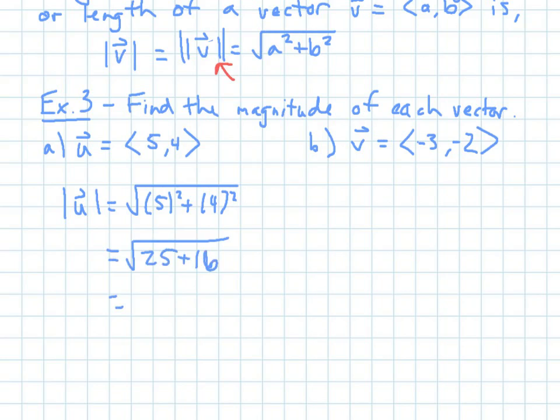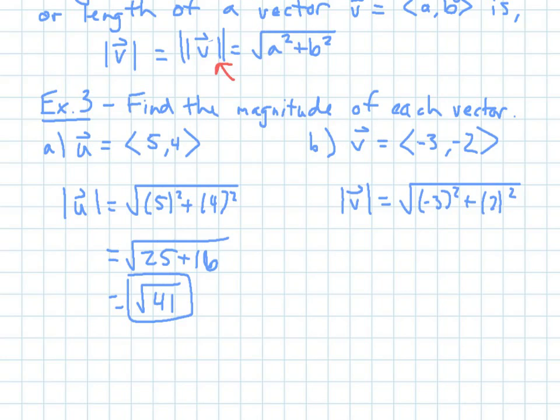And then 25 plus 16 is 41. And so then that would be my magnitude, the square root of 41. Also for the other one, if I took -3 squared plus 2 squared, then that would give me 9 plus 4, and that would give me a square root of 13. Now, not all of them are in radicals, but some are, so don't get thrown off if you can't simplify them at all, since you are adding perfect squares to each other.